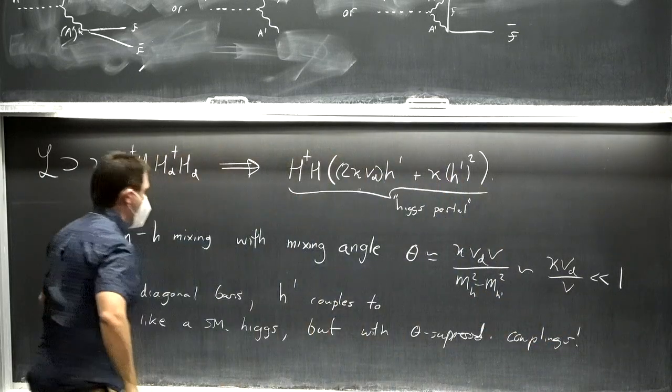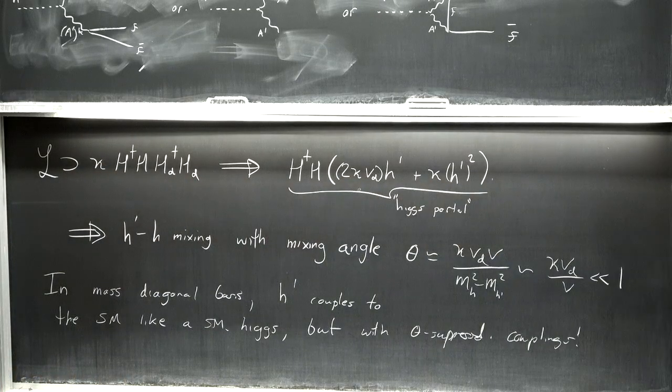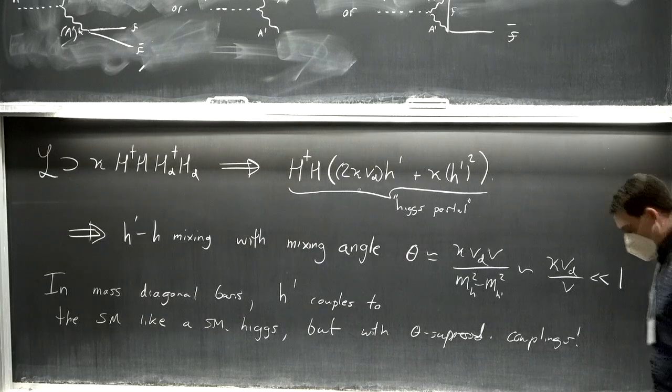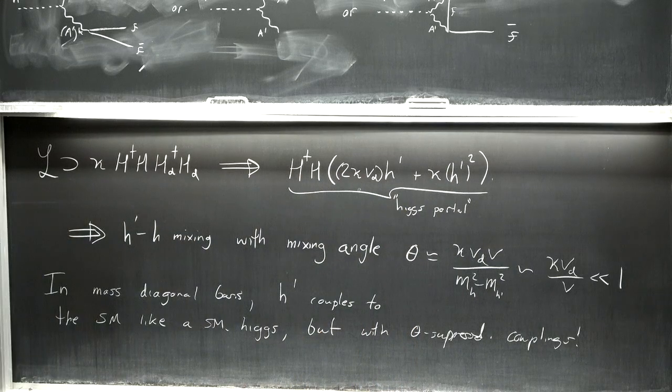So all that you know about how the standard model Higgs couples to standard model fermions and gauge bosons, namely those couplings are proportional to mass, you can recycle all of that and understand the phenomenology of this minimal dark photon plus dark Higgs, coupled to the standard model now with a Higgs portal operator, as now you have a new scalar with theta suppressed couplings that are otherwise just like a Higgs.